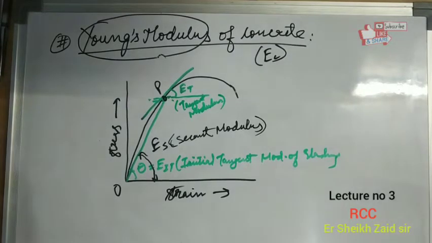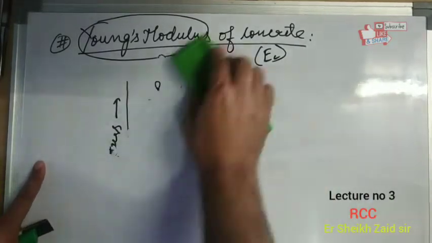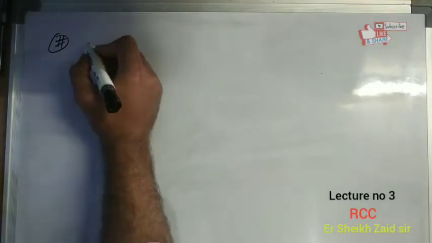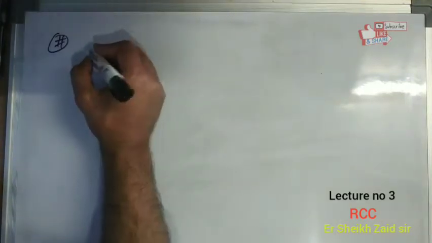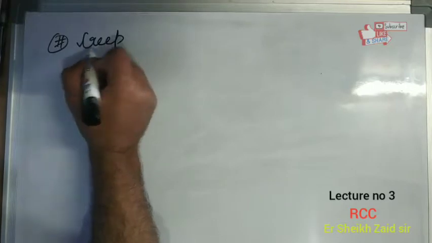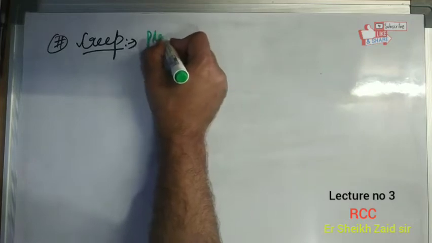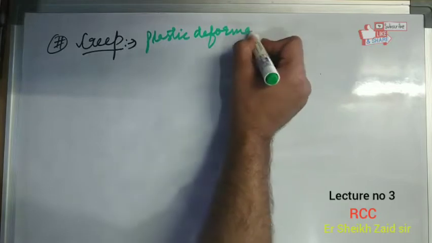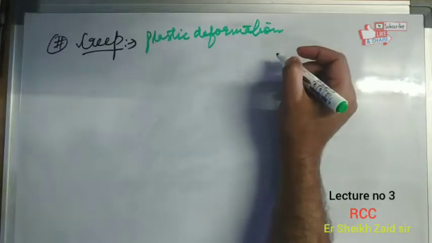Now we will move on to the next topic, that is creep. You all might have heard about creep. So what creep is? Creep is defined as plastic deformation under constant load or stress.